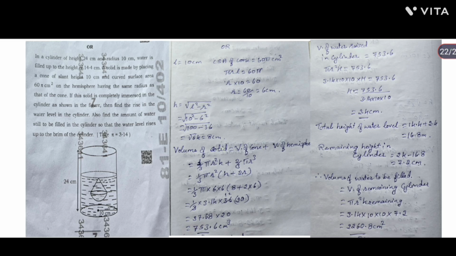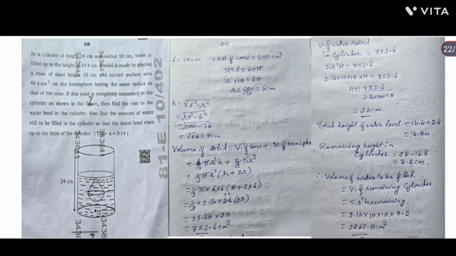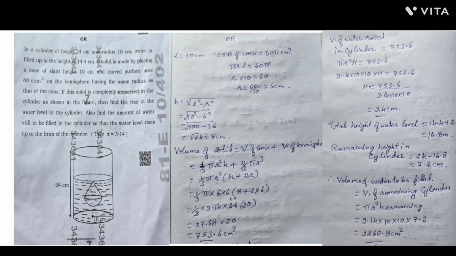In this OR question, first you are finding the volume of the solid, that is volume of cone plus volume of hemisphere. After finding the volume of the solid, the volume of water raised in the cylinder will be equal to the volume of the solid.